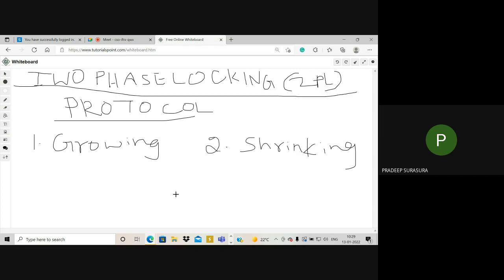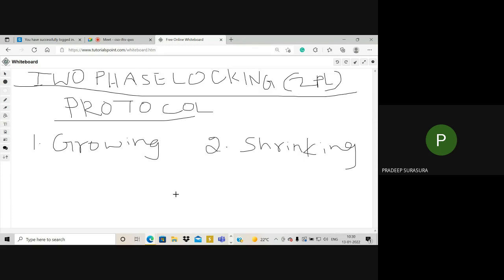Now, when I say growing phase, what happens in the growing phase? Any process or transaction that wants to access the data must acquire a lock during this phase. What type of lock? It can be a read lock or a write lock.